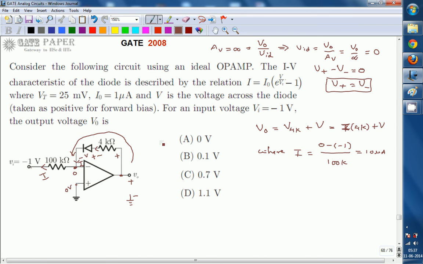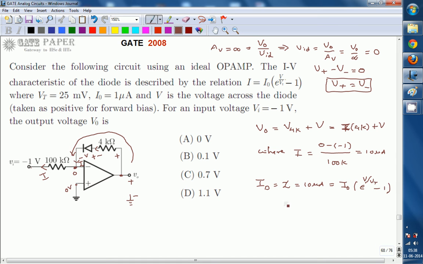This is the I value which is going through the diode also. So from the given equation, the diode current Id is equal to I, which is 10 microamperes, and you can express it as I naught times (e power v by Vt minus 1).